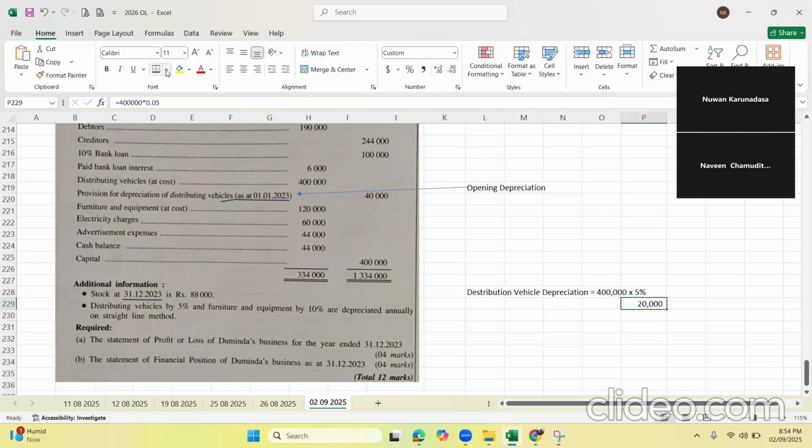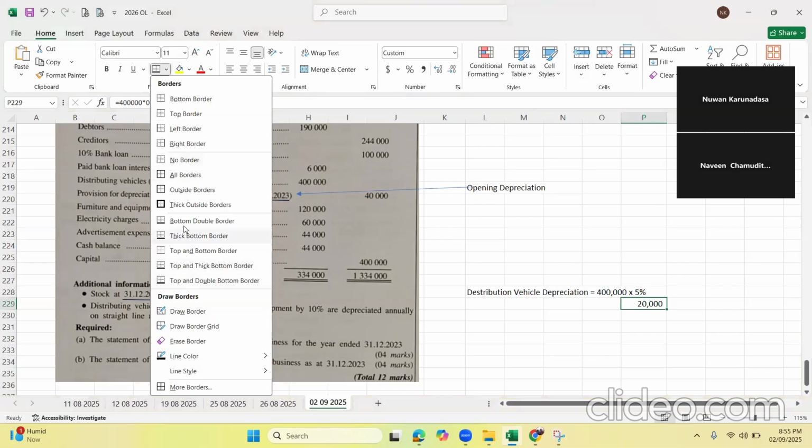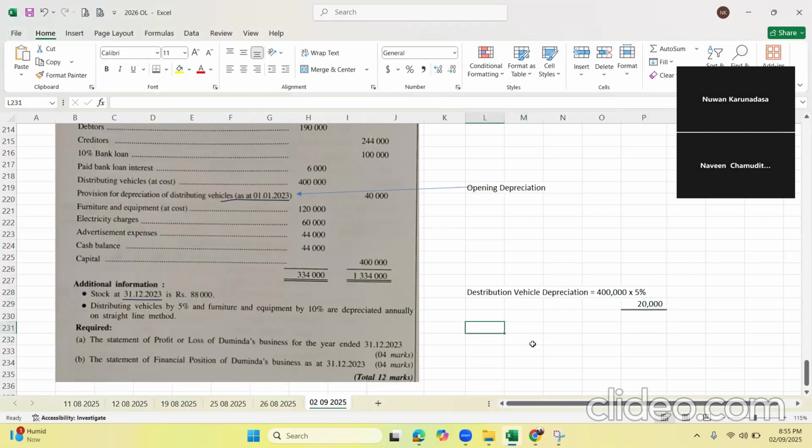So the distribution vehicle depreciation is 20,000.